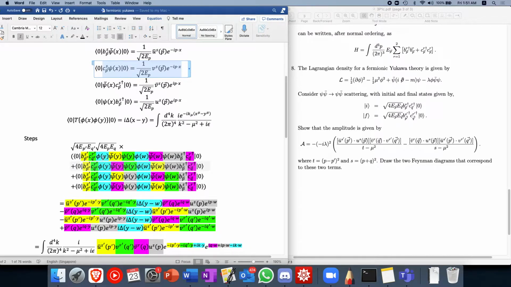Then the third term is the scalar fields, so it gives us the Feynman propagator. And then the pink term corresponds to this guy, gives us this guy, and the gray one gives us this one.